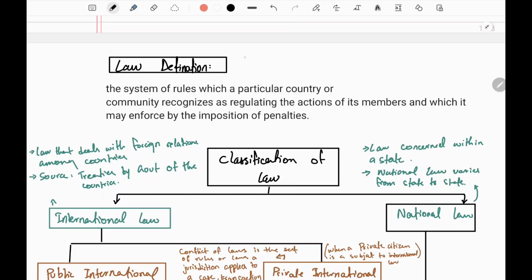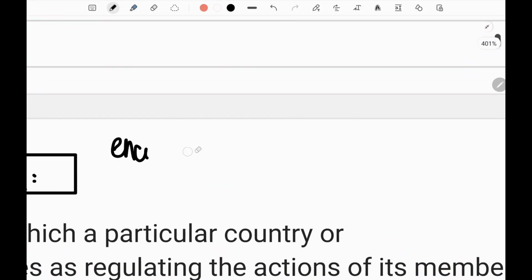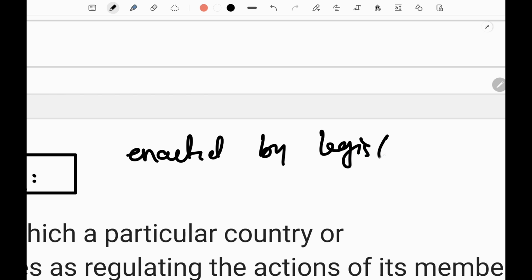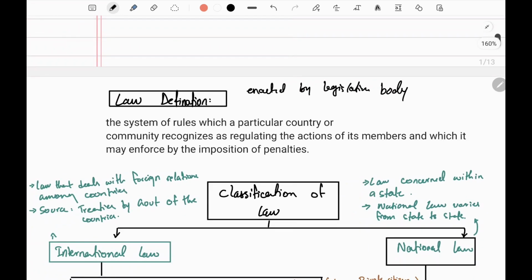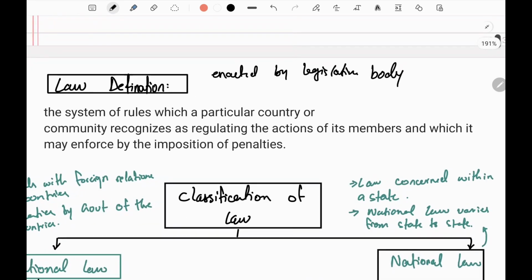So law is anything that has been enacted by a legislative body. You cannot call something law if it hasn't been enacted by a legislature. It must be enacted by the legislative body in order to be called law.